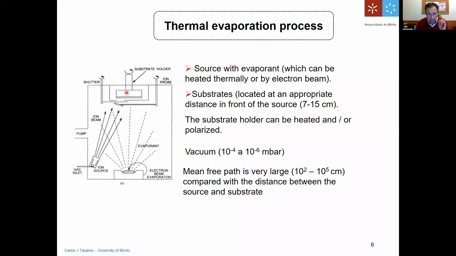The energy of the impinging atoms or molecules is very low, which means that the films will not have a very high density. They will not have a very good adhesion to the substrate. They have a relatively low adhesion to the substrate. Sometimes you can scratch with your fingernails and lift off the material from the surface.